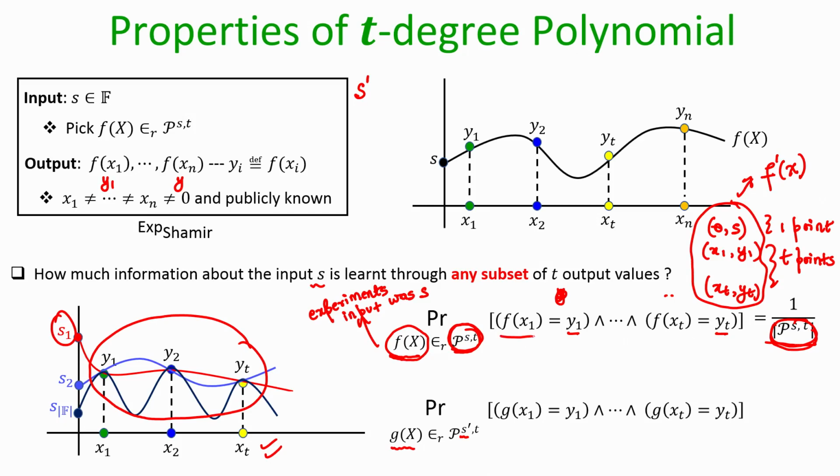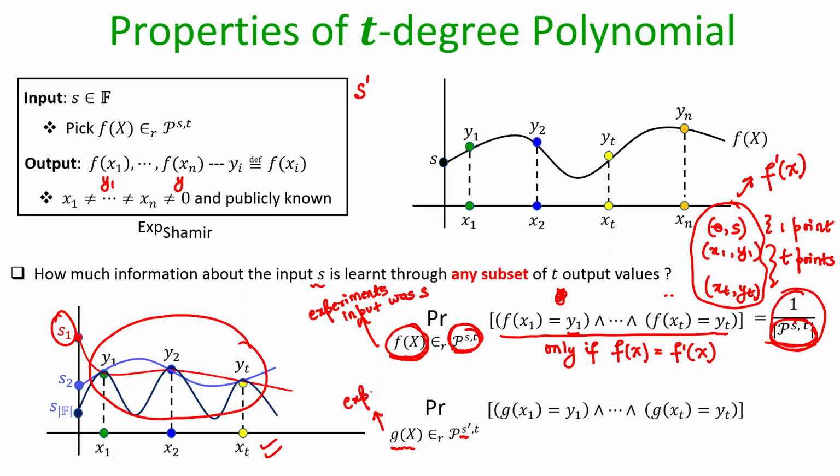That means this condition will be true only if the f of x polynomial which I am randomly choosing here is actually f prime of x. But since f of x is randomly chosen, the probability that f of x is equal to f prime of x becomes overall this. In the same way, the second probability expression here tries to capture the following.